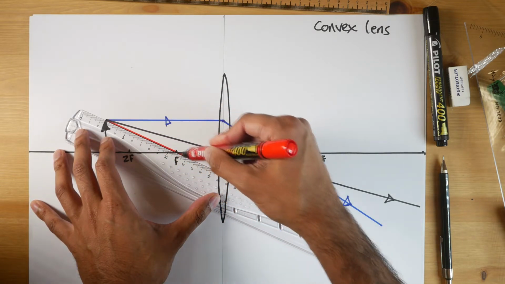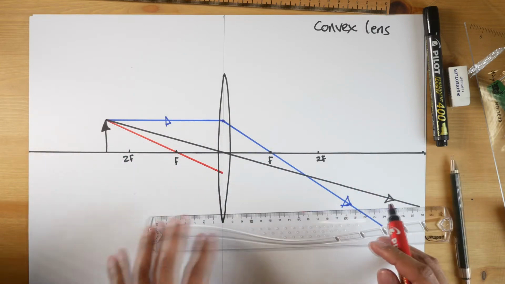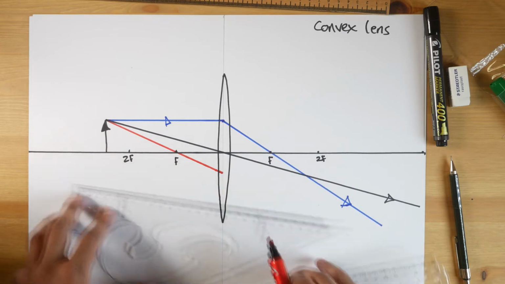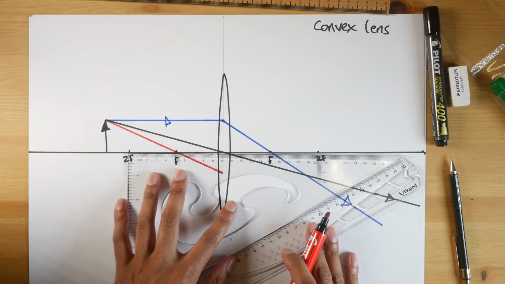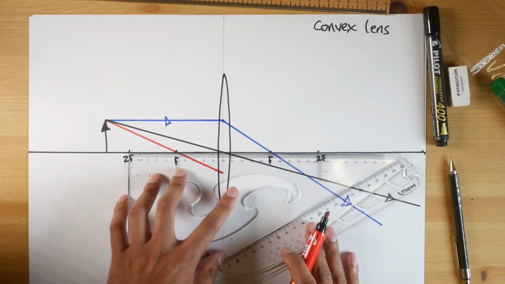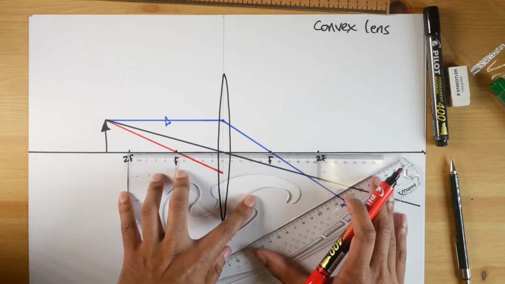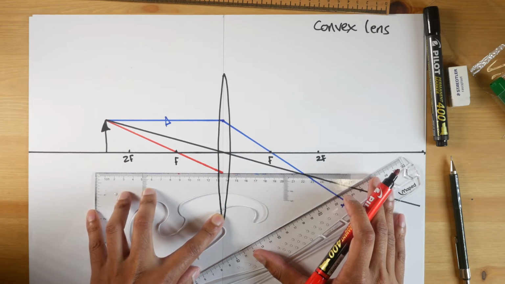If it goes through there to the center like so, then once it leaves the lens, it goes parallel to the optical axis.